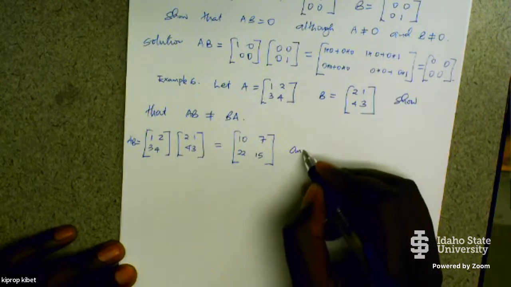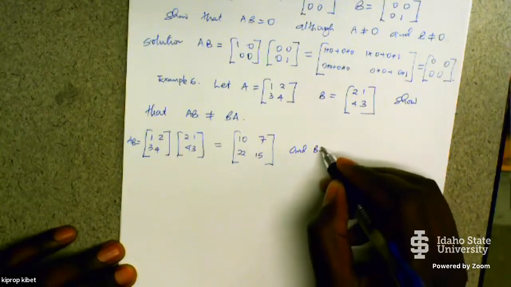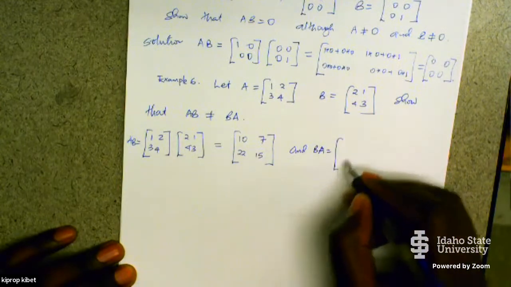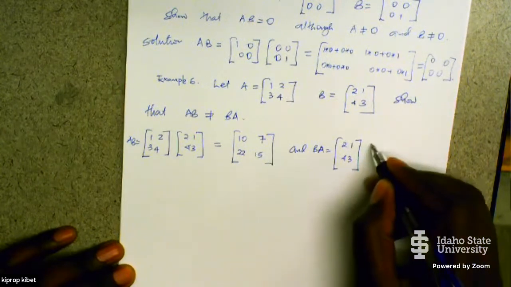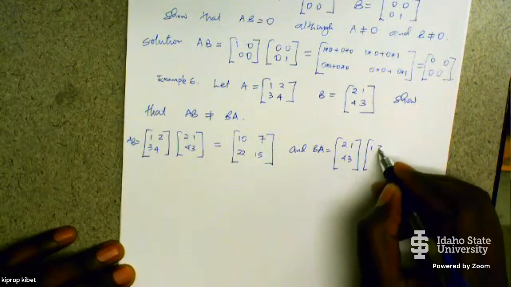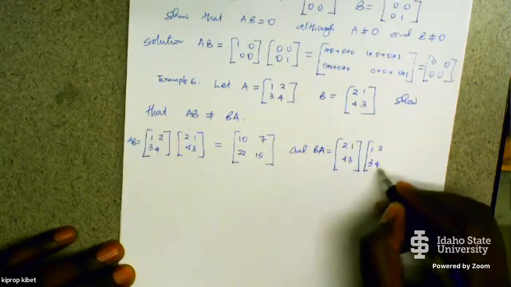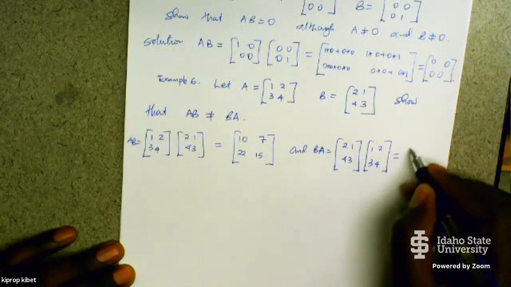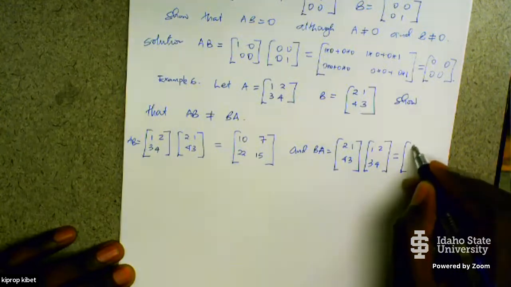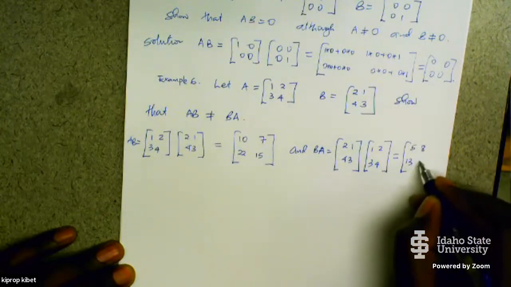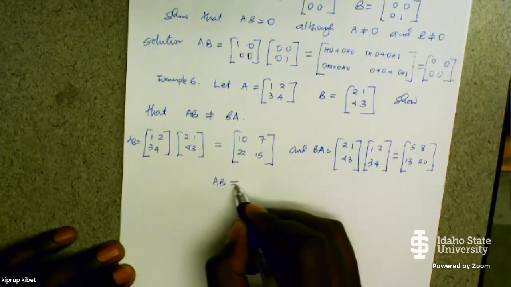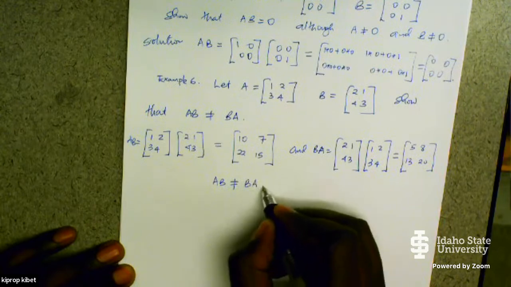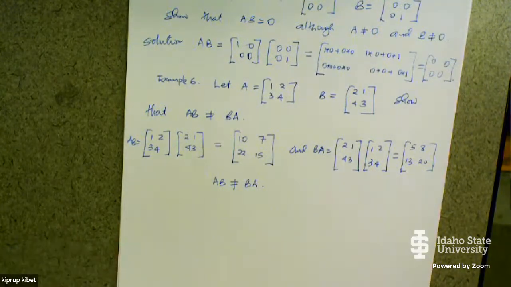And BA is equal to 2, 1, 4, 3, and A is 1, 2, 3, 4. And the product here is 5, 8, and then 13 and 20. So you realize that AB is not equal to BA.